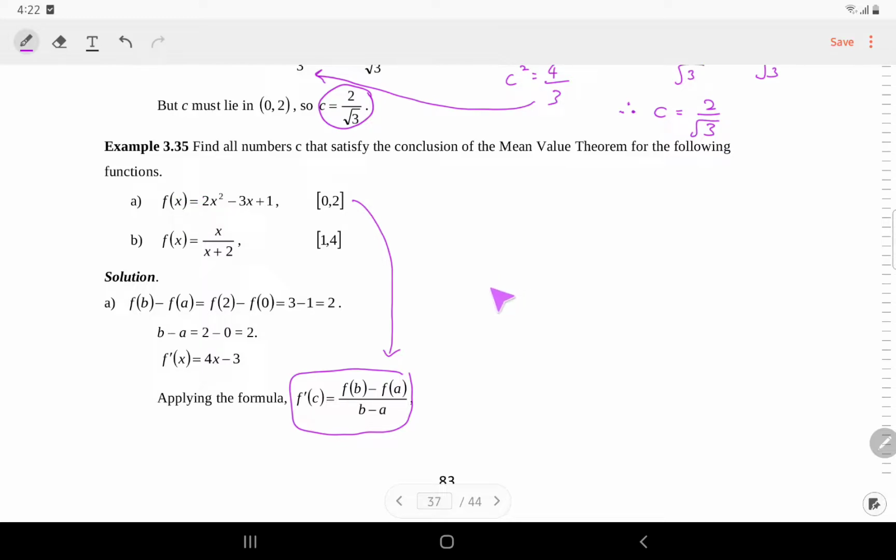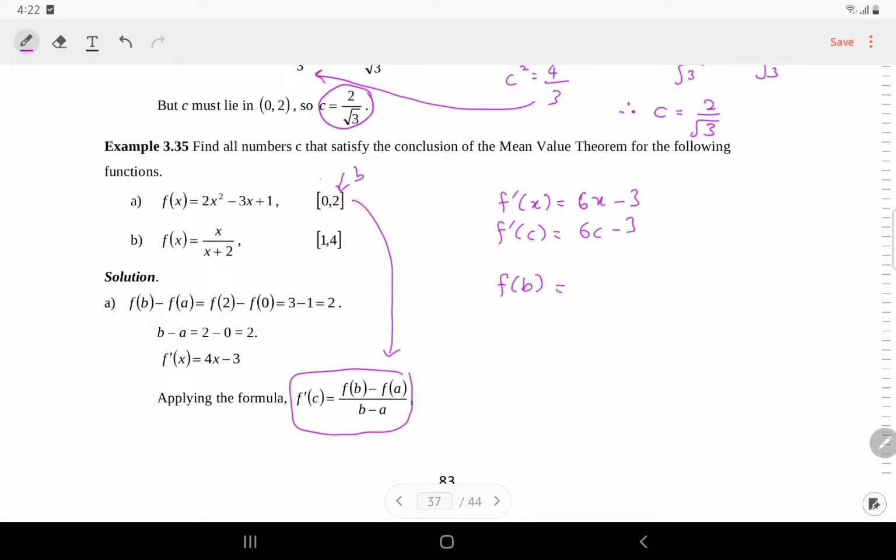Soalan A. So kita nak cari f prime c, meaning that we need to find what is f prime x first. Okay, so our f prime x is 6x minus 3. Okay, so meaning that our f prime c equals 6c minus 3. And then we need to find fb. Okay, in this case our b is here.